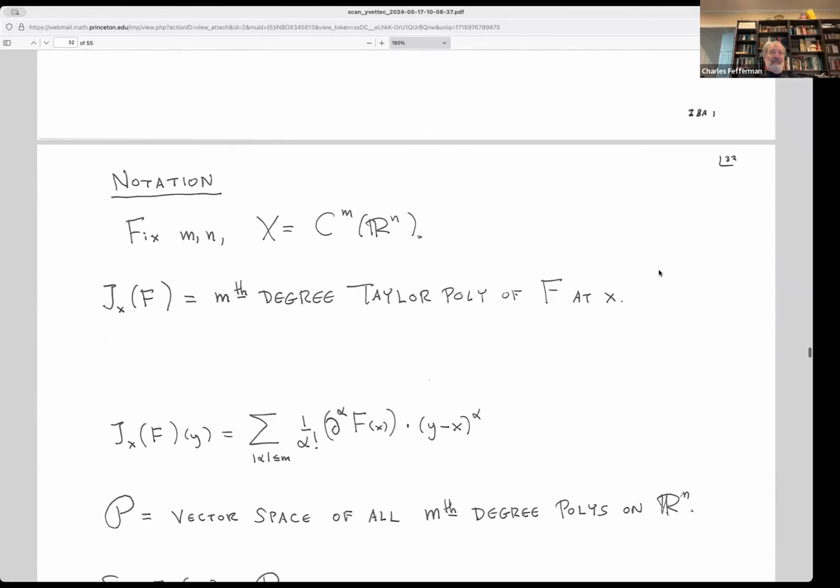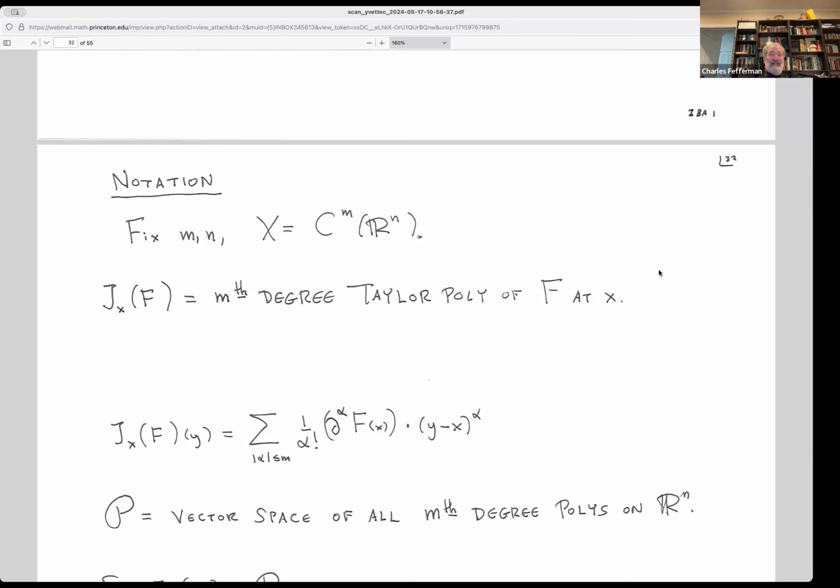Let's fix little m and little n, and our Banach space X is C^m of R^n. For a nice function capital F, J sub x of F, the jet of F at x, is the mth degree Taylor polynomial of F at x. And here I've written down the mth degree Taylor polynomial at x.